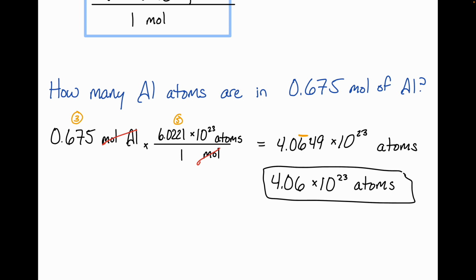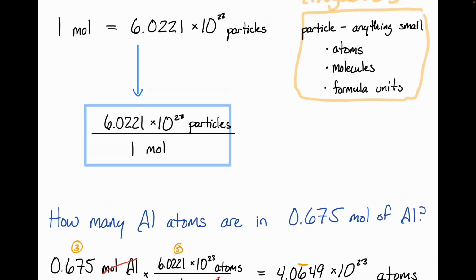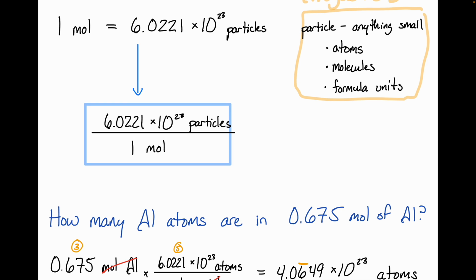Don't chop off that 10 to the 23, right? 4.06 and 4.06 times 10 to the 23 are very different numbers. So we have this Avogadro's number conversion factor here. This will allow us to go from moles to particles or vice versa. If we had particles to start out with, we would just divide by Avogadro's number to get into moles.